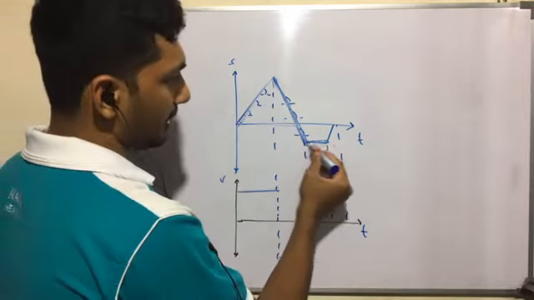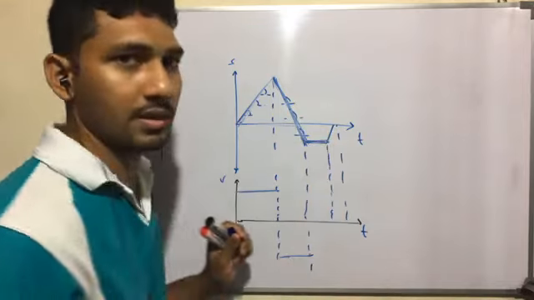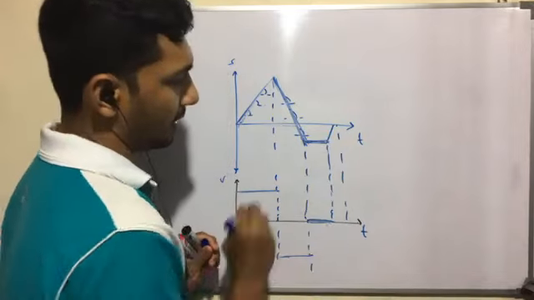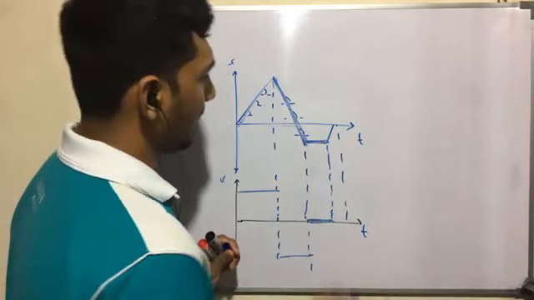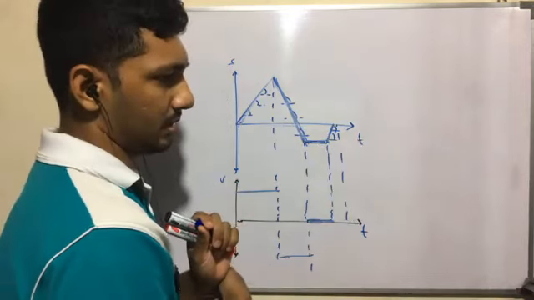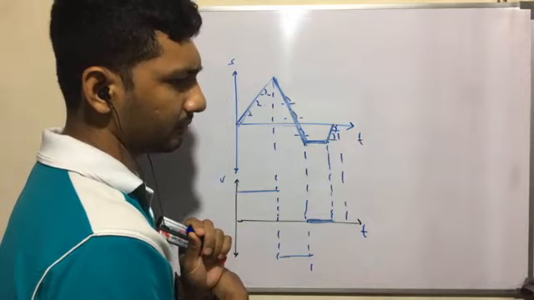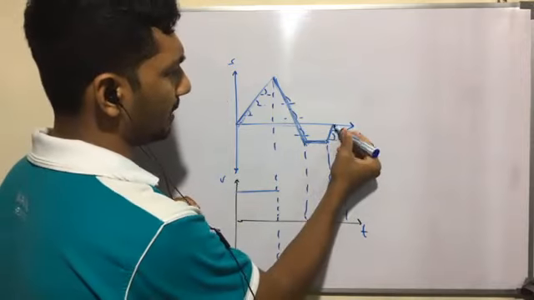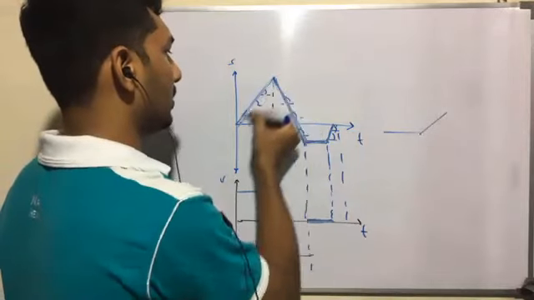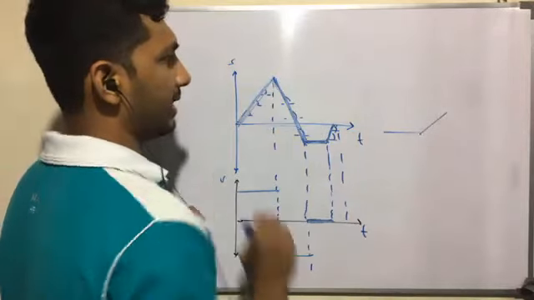And here, as you see, it is parallel to the x-axis, so the gradient is 0. So you draw 0 here. You just darken the graph here. And then here, the angle is acute. You can see the slope is not as inclined as this.